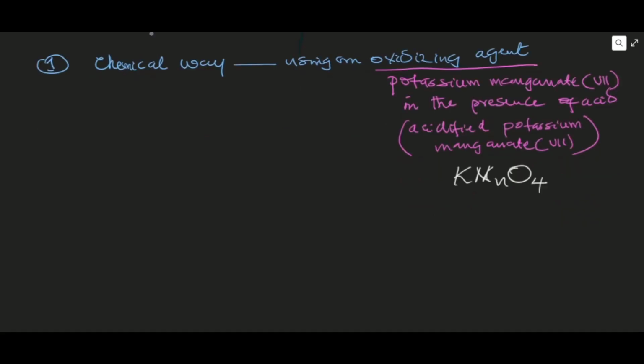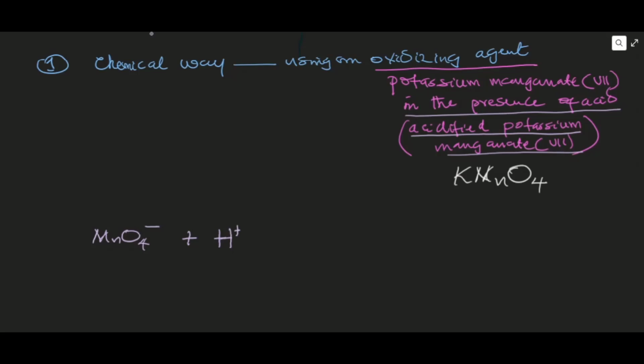The ion that participates is just the MnO4 ion, so we write MnO4 minus. Remember we said it is acidified potassium manganate(VII), that is, the reaction takes place in the presence of acid. So you need to indicate the presence of acid in that reaction. How do you do that? You just write plus H plus. The hydrogen ion here indicates that the acid is present in the reaction.